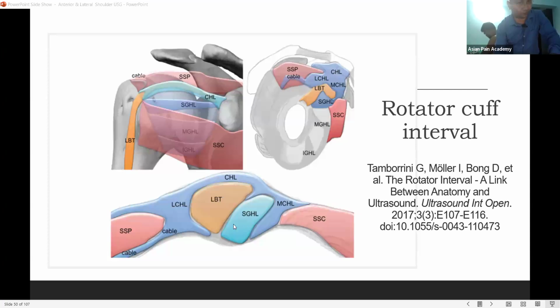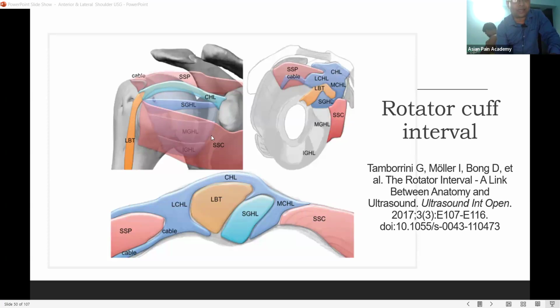Anyway, you can see that this is the glenohumeral ligament, just above the bone. And this is the coracohumeral ligament, coming from the subscapularis side. Now, what is the rotator cuff interval? It is this area where the long head of biceps tendon goes and joins the glenoidal labrum.